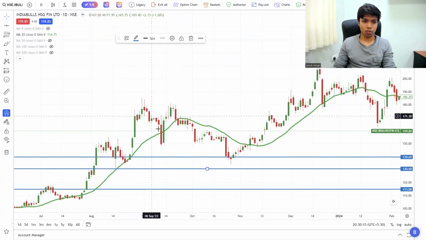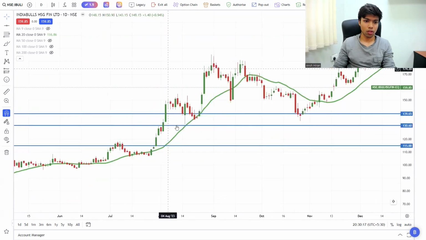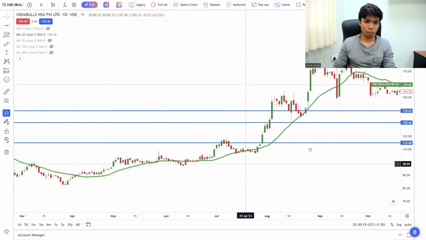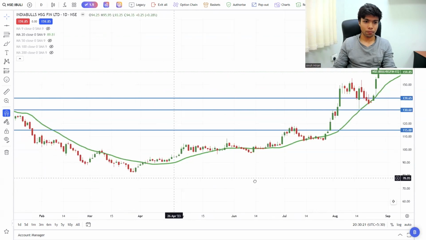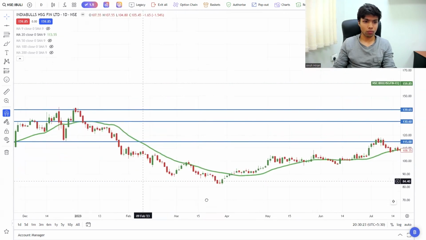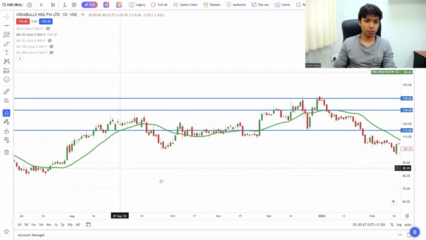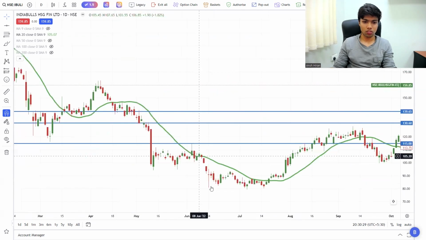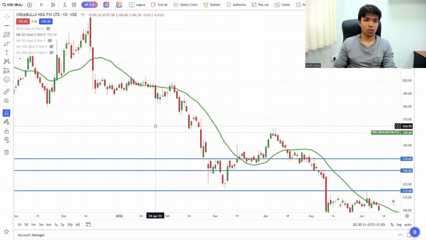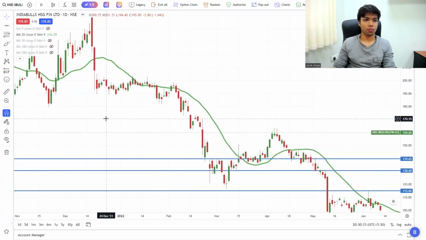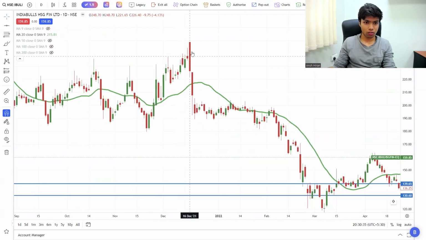Support on 20 moving average, up. Support up. Resistance down. Exact support up. Resistance down. Exact support over here went up.